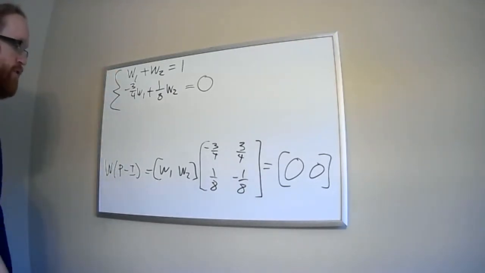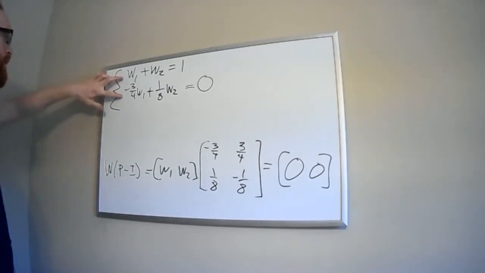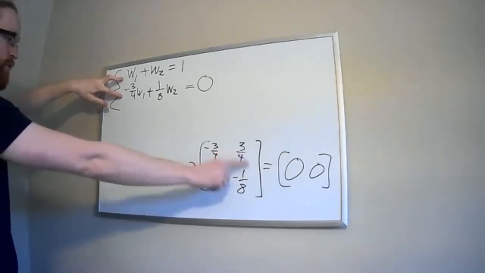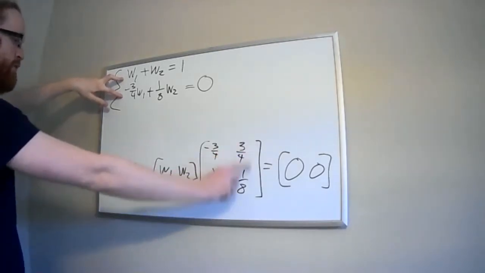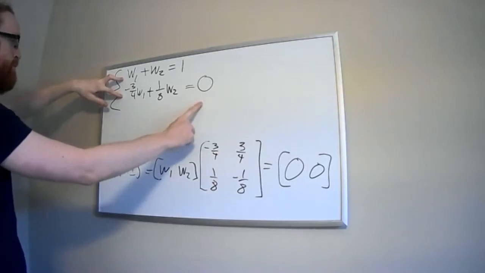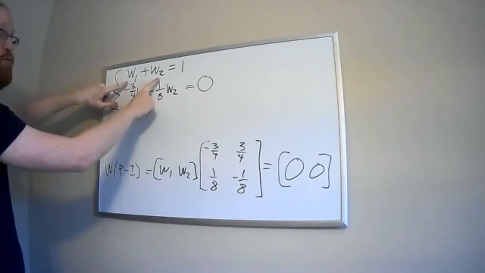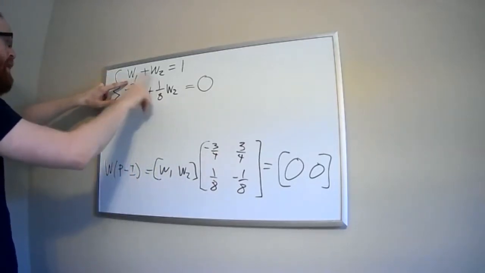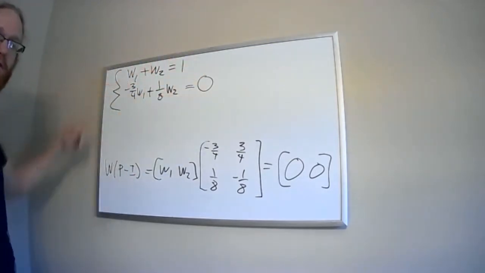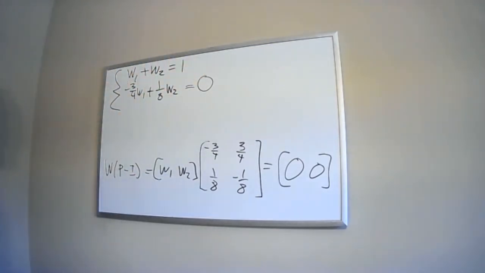But in general, the reason this is true is just because if I include this last equation from multiplying this row and this column, I'm going to have a third equation, which means I'll have 3 equations, but only 2 variables. So if I were to write out the augmented matrix, I would have 3 rows, but 2 columns in my coefficient matrix.